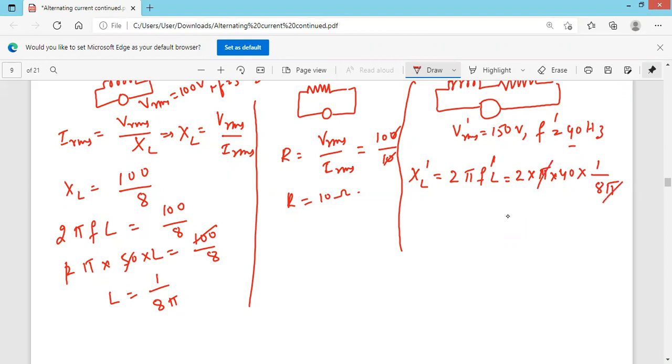Now pi and pi cancel, and 8 fives are 40, so XL dash is equal to 10.